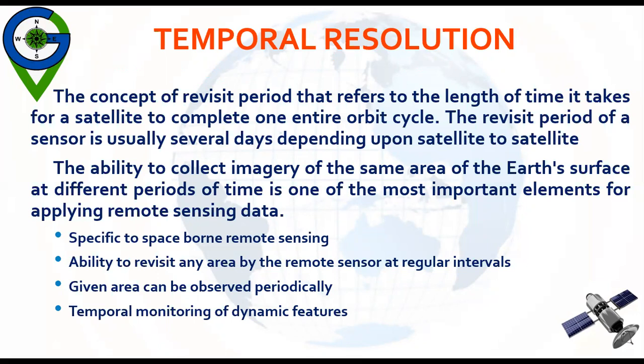Let's take the example of Delhi. If a particular satellite crosses Delhi today, when will it be revisiting the same part of Delhi again? So this is the temporal resolution.